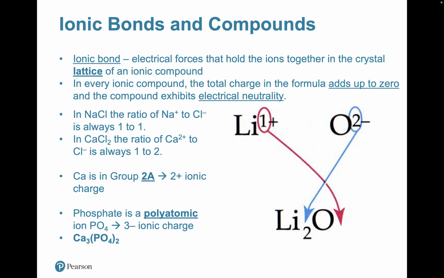And so since phosphate has a -3 charge, and calcium has a +2 charge, we switch the numbers, so the 2 from calcium comes over here to be the subscript for phosphate, and then the 3 comes over here to be the subscript for calcium, and that's how you get the formula for calcium phosphate, right?